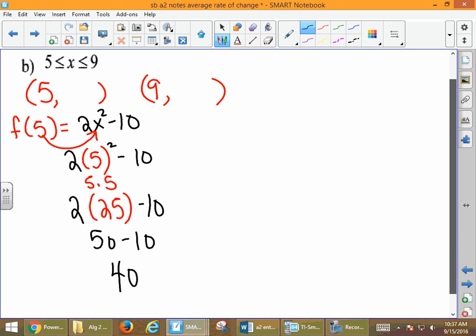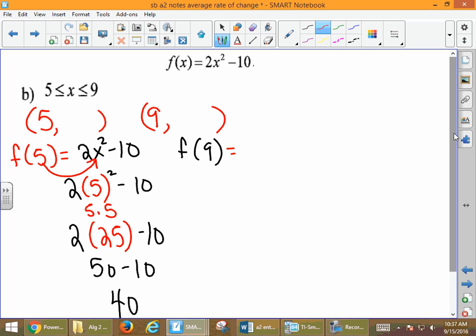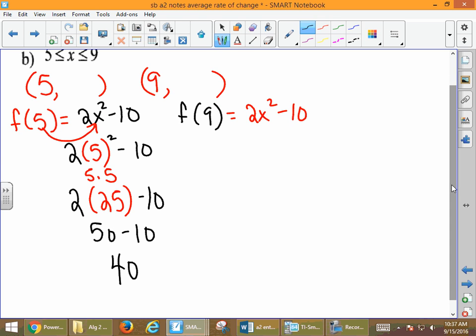Well, secondly, we need to deal with the 9. So this time we're going to figure out, what does f of 9 equal? We're still going to go back into our function that's given in the problem, the 2x squared minus 10. We're going to take that value of 9 and put it back in here.